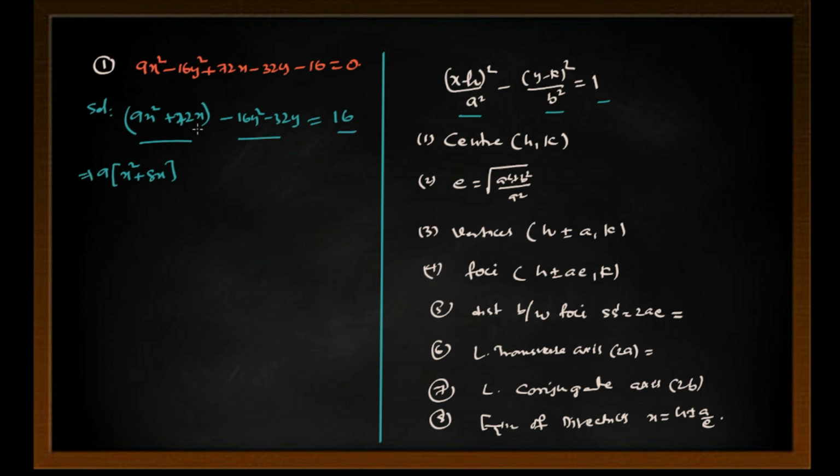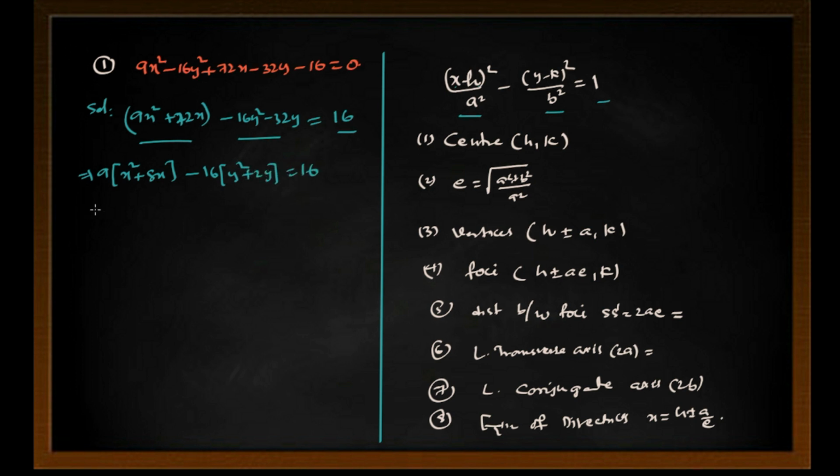From 9x square plus 72x, we could take 9x common, but we have to make a perfect square in the form of (x minus h) whole square. So take only 9. From the second term, we can take 16 common, so y square plus 2y equals 16.